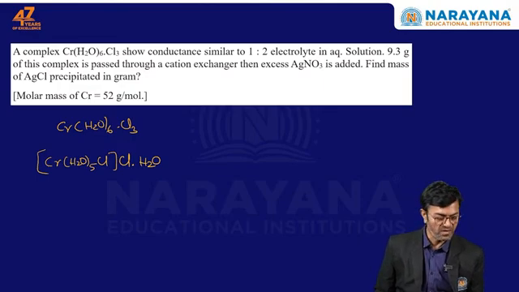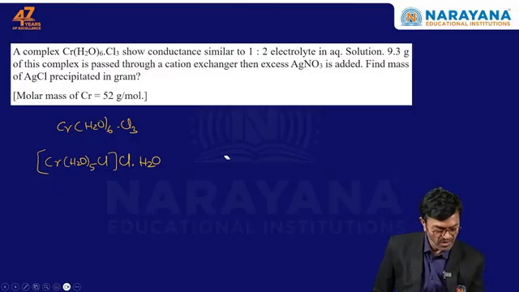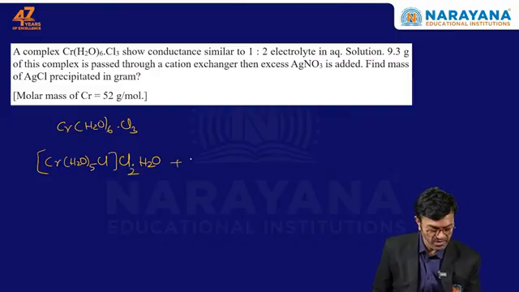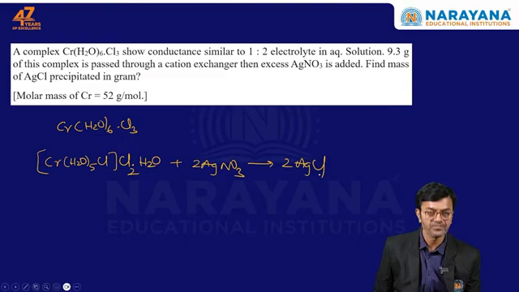Now, what it is asking is, when it passes through a cation exchanger and then is treated with excess AgNO3, as it has 2 chlorides outside, 1:2 means 2 anions must be outside. So, when it is treated with AgNO3, it reacts with 2 moles of AgNO3 to give 2 moles of AgCl.